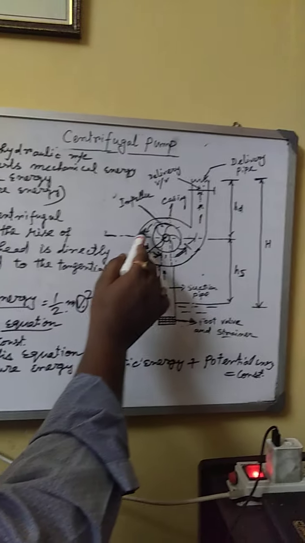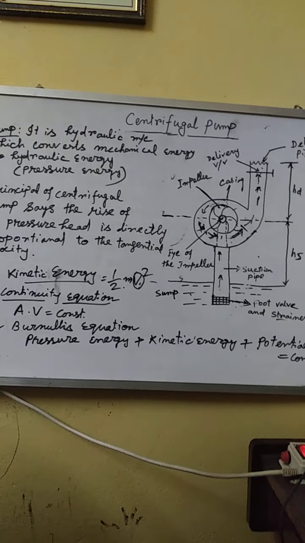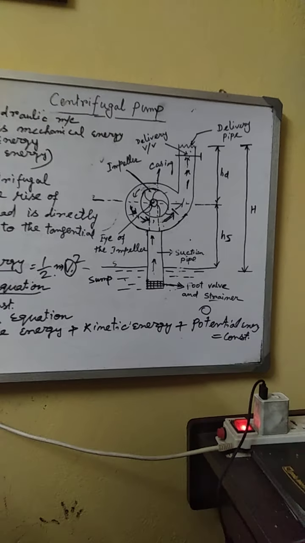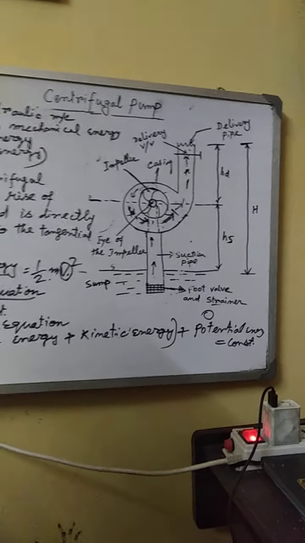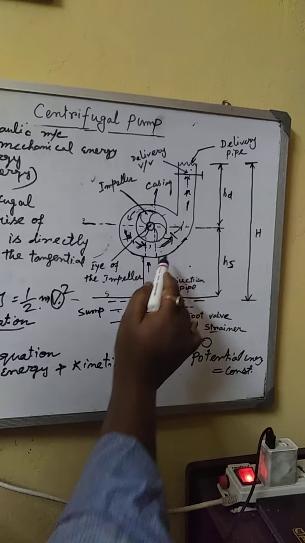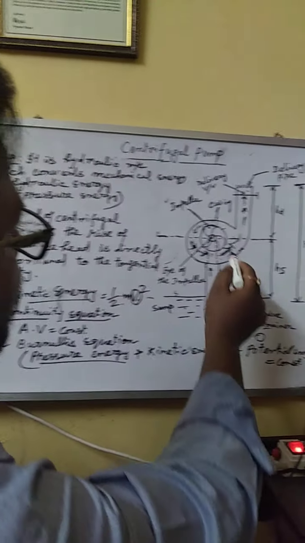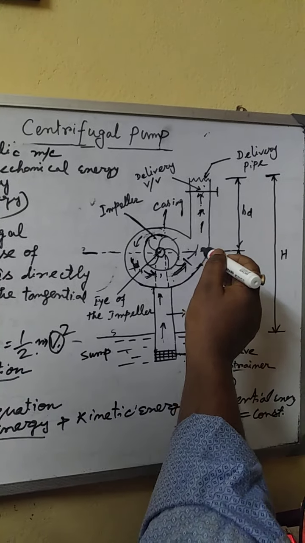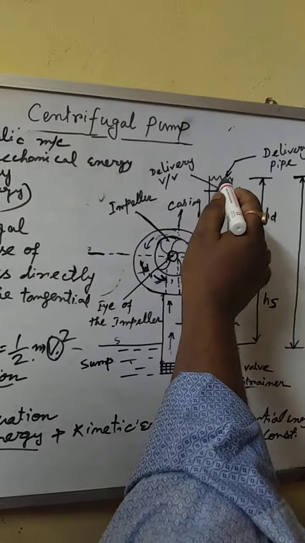Now we consider the points of the casing to be at the same level from the ground, so potential energy will be 0. Then pressure energy plus kinetic energy equals constant. If kinetic energy decreases, then pressure energy will increase. Here the kinetic energy decreases, so the pressure energy, the pressure head, will increase.